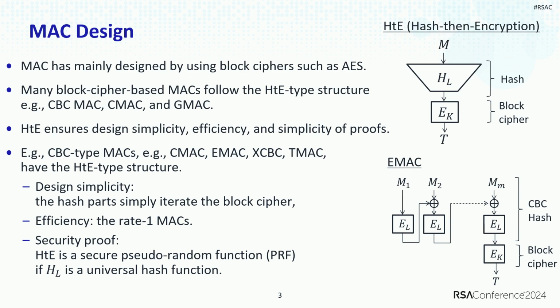This structure is quite simple because the hashing part is just iterating the block cipher. The construction is the CBC hash function, and it is efficient, so for each message block capital M I, the block cipher is called only once. Regarding the security proof, HtE is a secure pseudorandom function if the underlying hash function is a universal hash function.